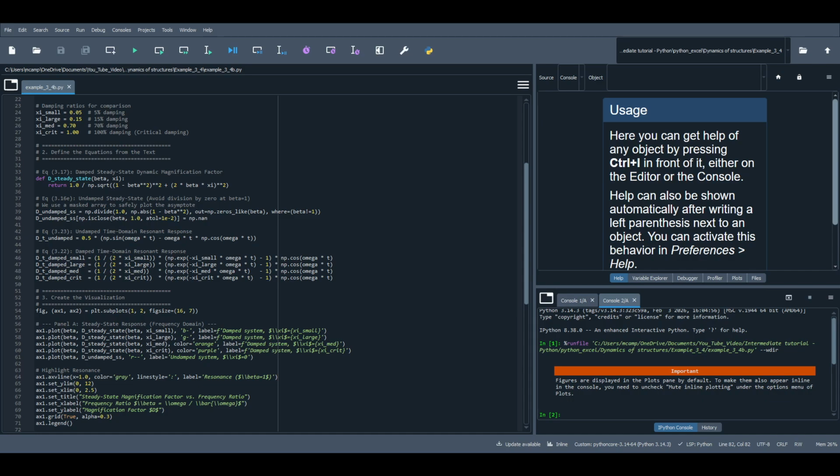Here we can remember the graph goes to infinity because there is resonance.